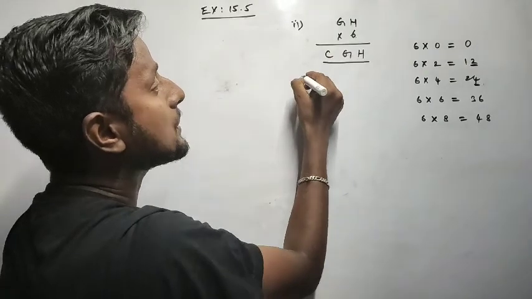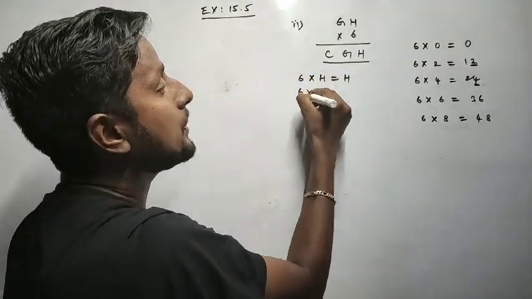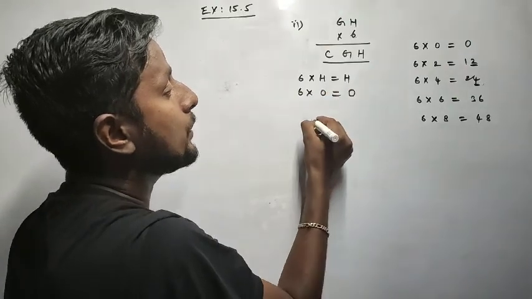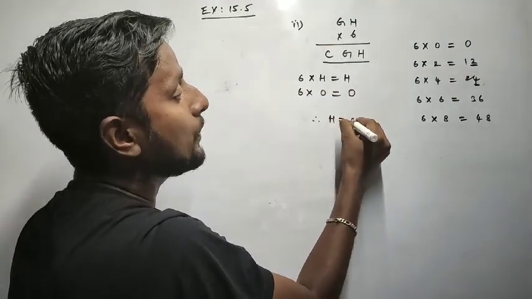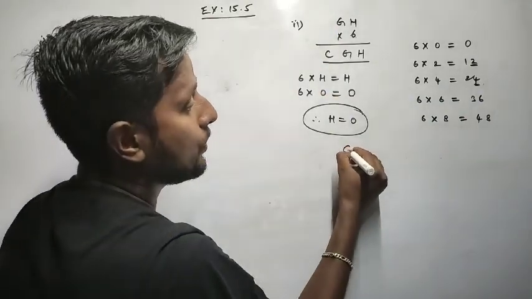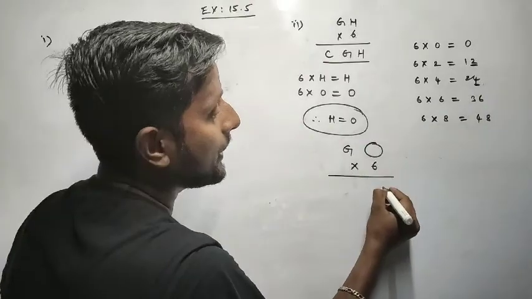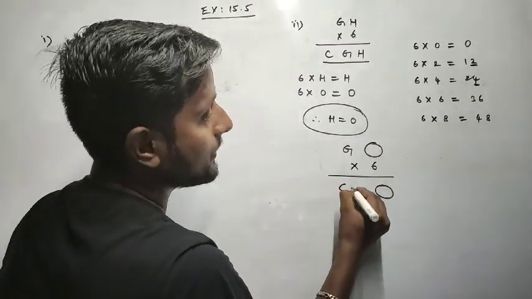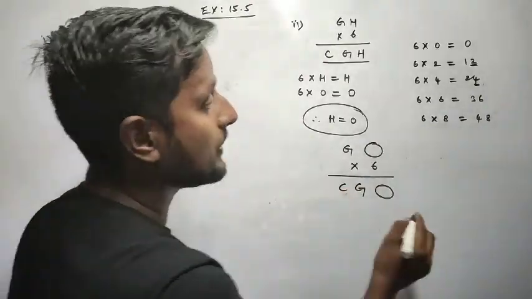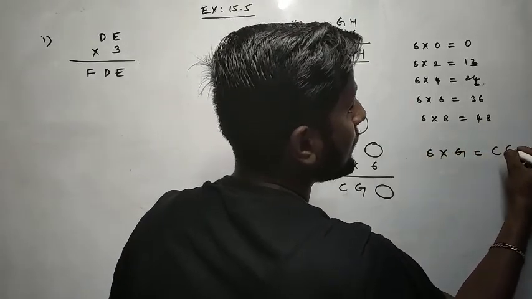So simple, the first one is 6 into H is equal to H. That matches with 6 zeros are 0. Therefore H value is 0, right? Same problem: G0 into 6, H value is already 0, 6 zeros. So simple, 6 into G is equal to CG.